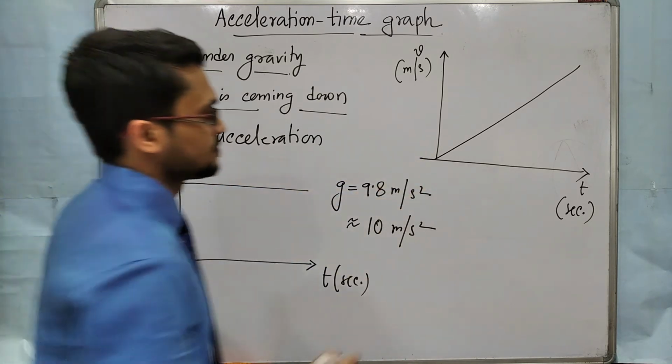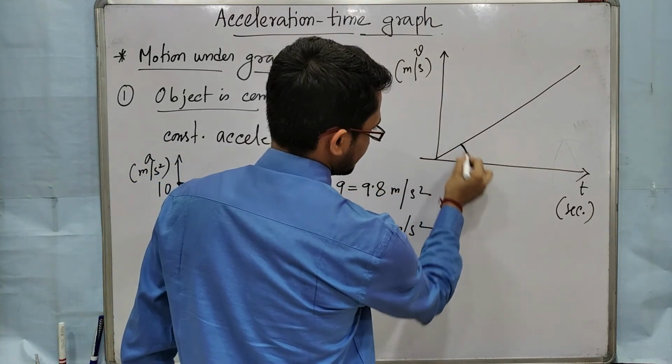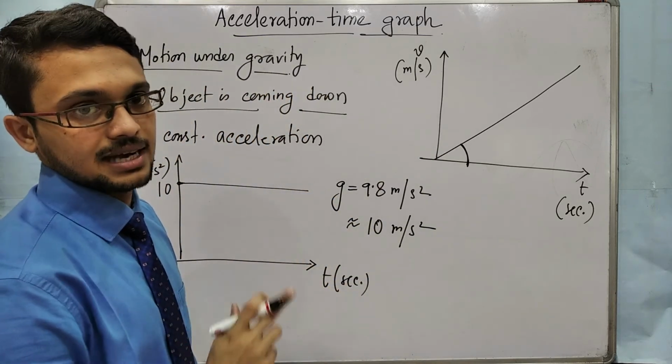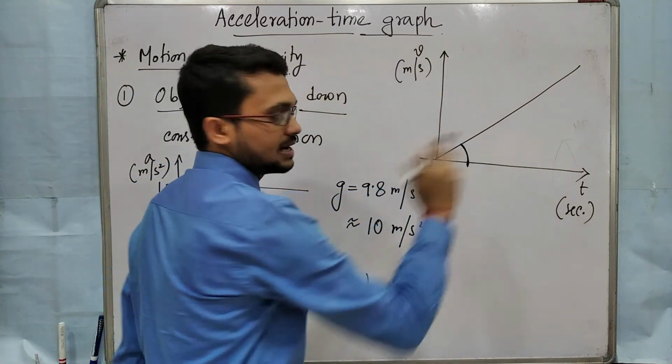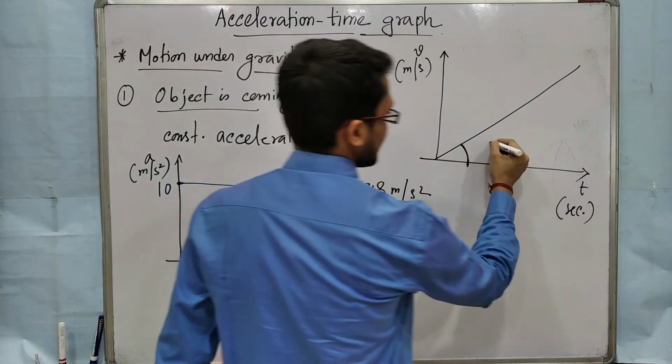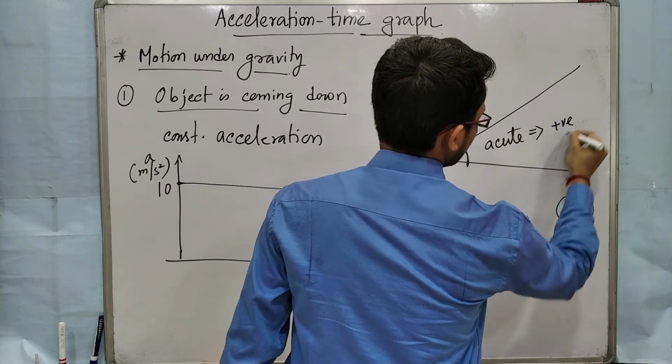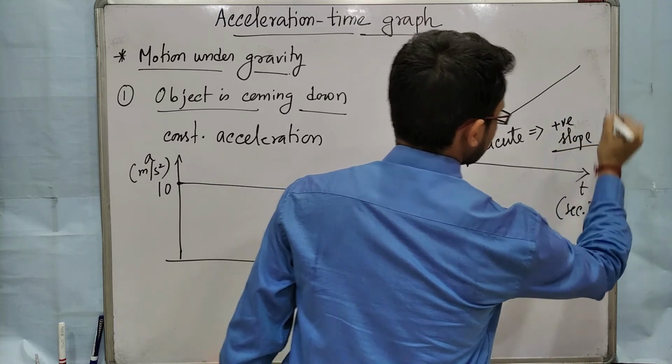If it is dropped, and this angle tells about the value of acceleration. Okay, value of the ratio of v by t. That means acceleration. It is acute angle. So slope will be positive slope. Positive slope means acceleration.